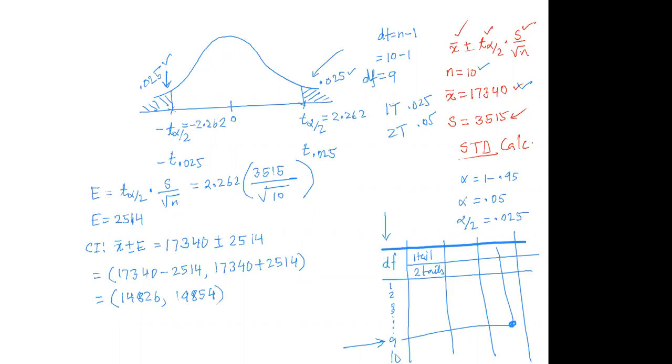So based on your calculation, using the t-distribution at 95% confidence level, the average yearly salary for field workers falls between 14,826 and 19,854. And that's what it is.